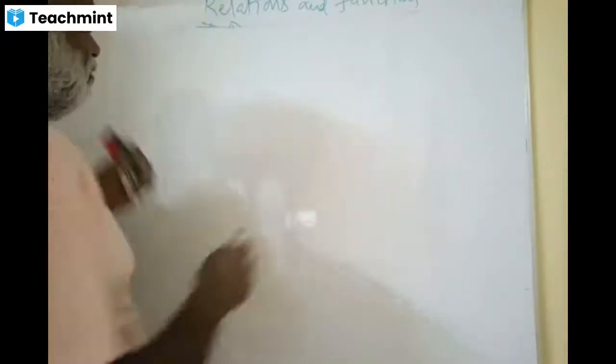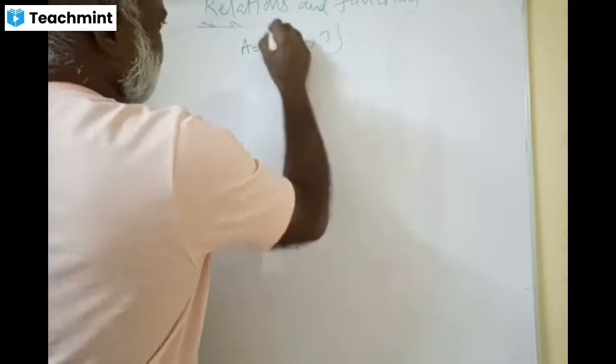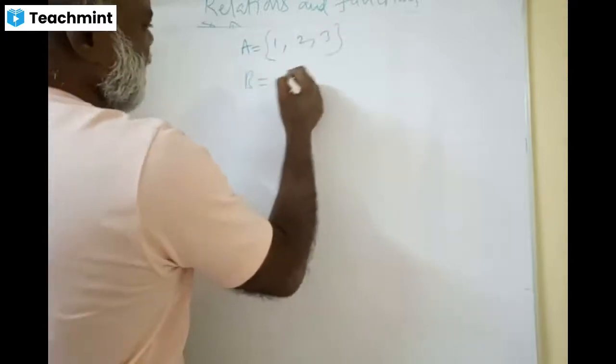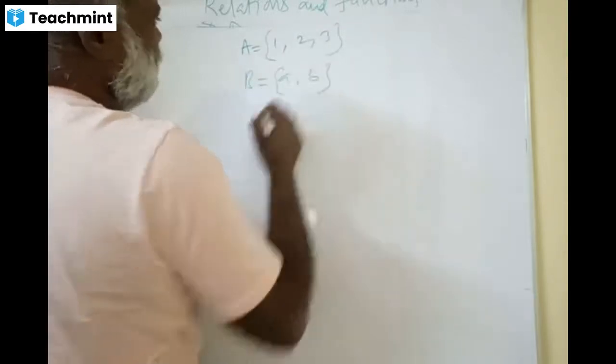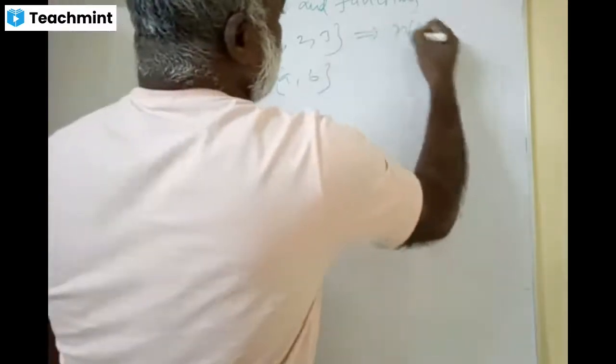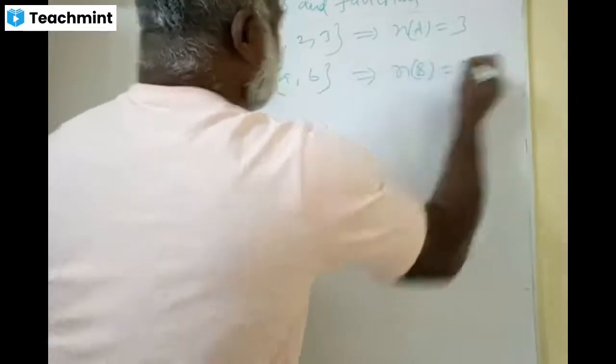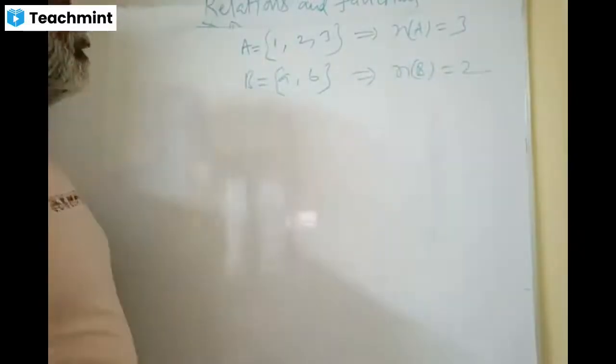Guys, when I say A is {1, 2, 3} and B is {a, b}, which implies n(A) equals 3 and n(B) equals 2, yes or no? Agree?